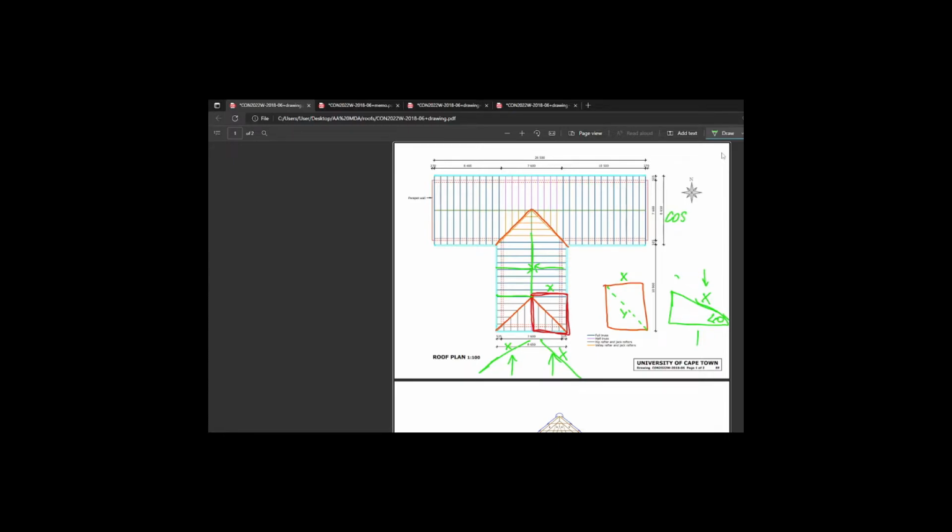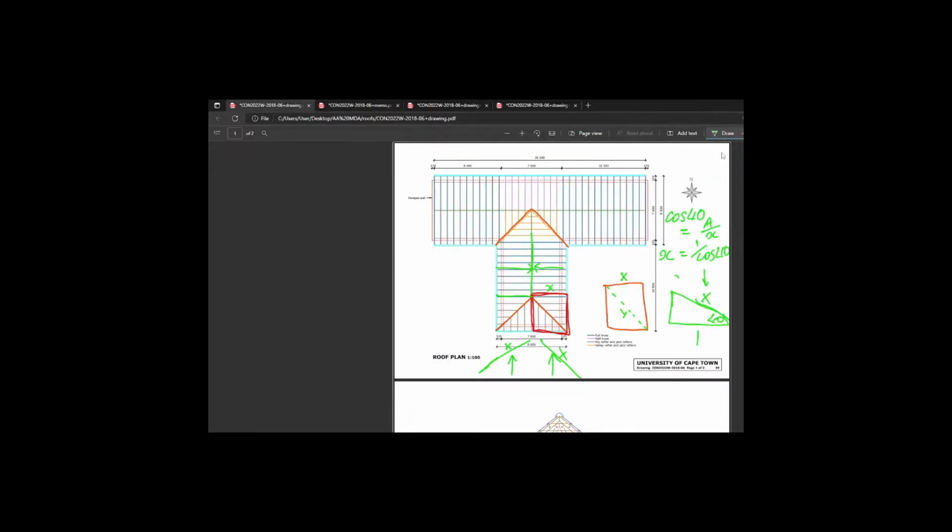Okay. Use cos. And from high school, adjacent over hypotenuse. Do some rearranging. Okay, so adjacent was 1. So what it ends up being is 1 over cos 40, and if we jump across to here, we'll see that this is a factor 1.305 per meter, because 1 divided by cos 40, yes, it's exactly the same as what I've done. 1 divided by cos 40 gives us a factor, let's call it a ratio.